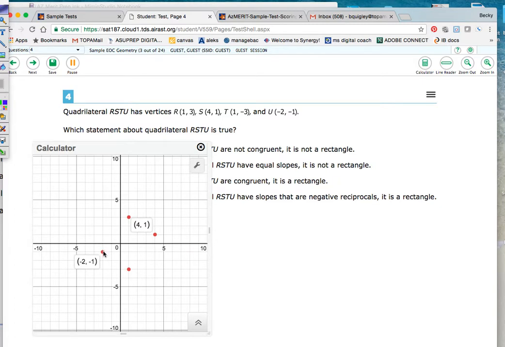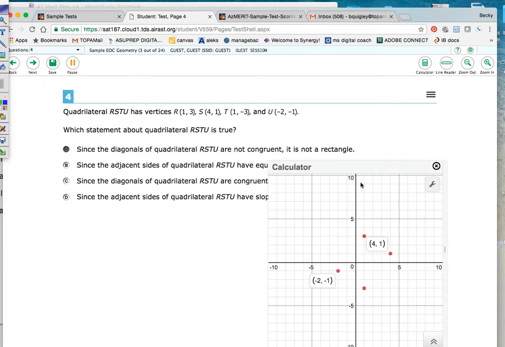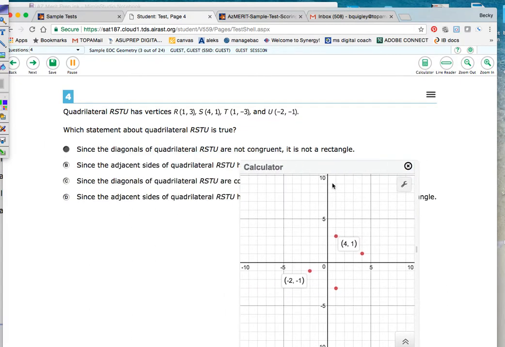This slope is negative 2/3. Those are not negative reciprocals of one another, so that is not true either. So that leaves A. It says since the diagonals are not congruent, it's not a rectangle. Well, that's true. And in general, that's always a true statement. We just needed to make certain that it was true for this figure.